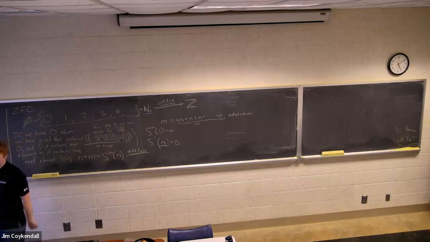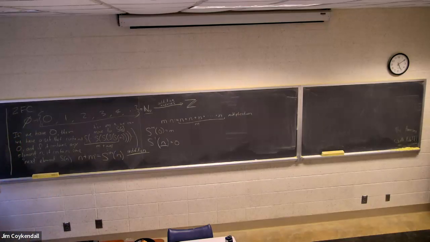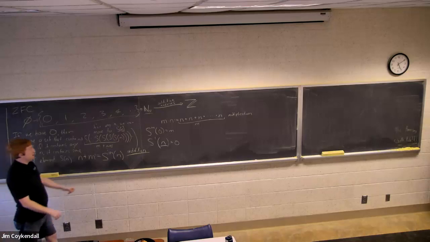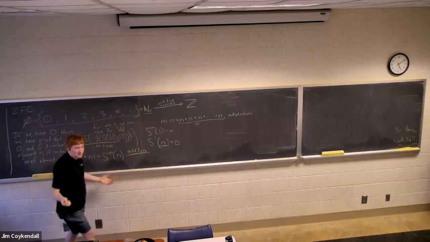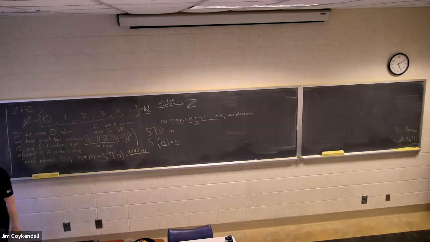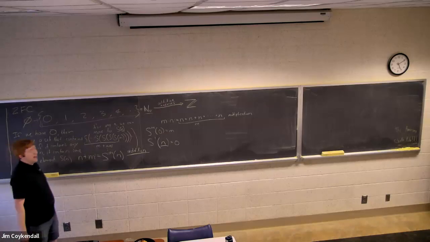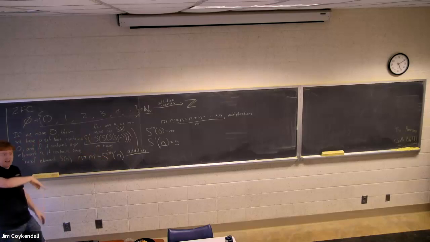We have another operation. If you wanted to get really far down into the dirt and dig through these details, you find that addition and multiplication, of course, are exactly the addition and multiplication operations we're used to. They are both commutative, which means that you can reorder elements. m plus n is the same as n plus m.